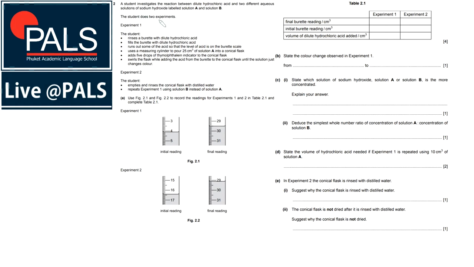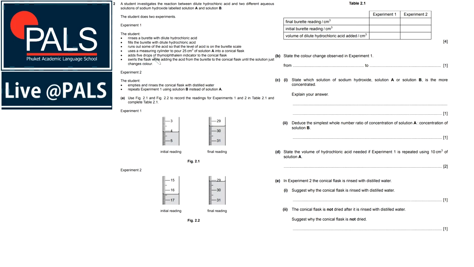The student investigates the reaction between dilute hydrochloric acid and 2 different aqueous solutions of sodium hydroxide labeled solutions A and B. Experiment 1, the student rinses a burette with dilute hydrochloric acid, fills the burette with dilute hydrochloric acid, runs out some of the acid so that the level of the acid is on the burette scale, and uses a measuring cylinder to pour 25 centimeter cube of solution A into a conical flask.